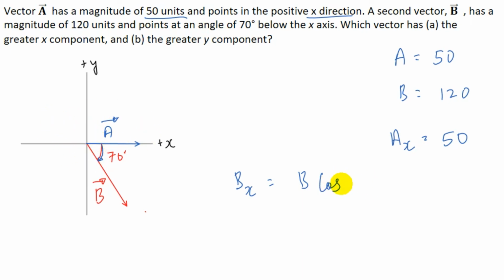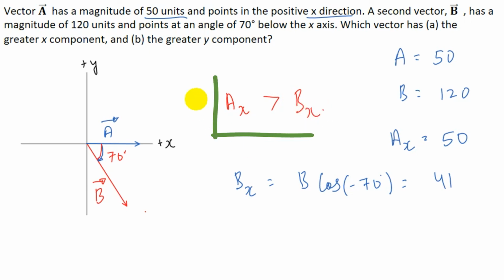So this theta should be put as minus 70 degree. So we'll get this value to be 41 units. So x component for A vector is 50 and x component for B vector is 41. So the x component for A vector would be greater than the x component for the B vector. So this would be the answer for the A part.